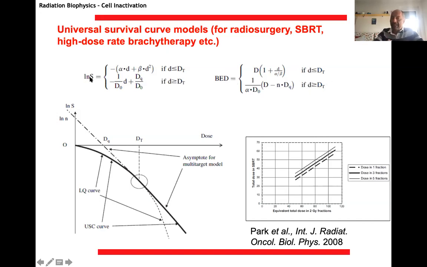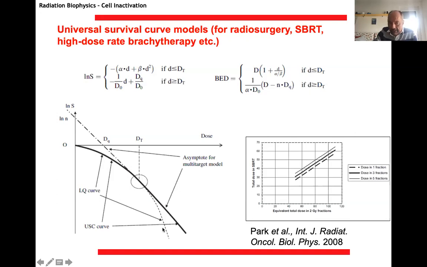But the interesting part is that in this paper, which is relatively recent, you see 2008, it's not 1945, they tried to find the shape for the survival curve which is able to reproduce the data at high doses, because they had the problem that when they were doing radiotherapy with radiosurgery, they were giving 25 gray in one fraction.